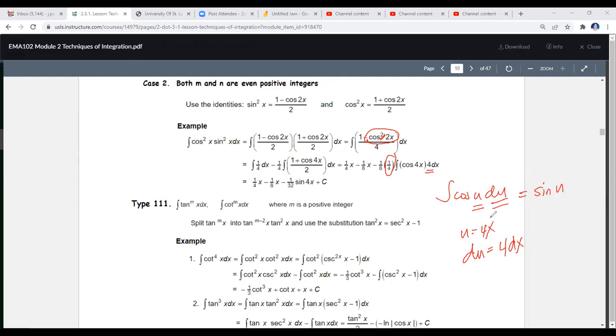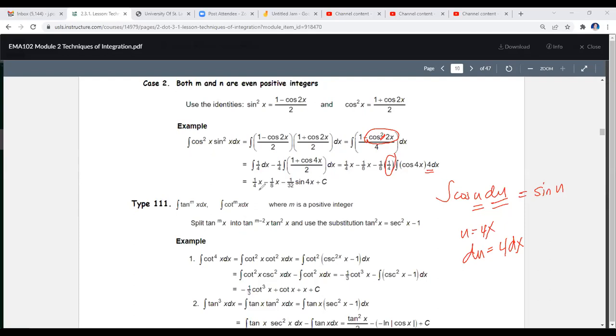So the reason why you have this 4 is because of this. The derivative of 4x is 4dx. You introduce 4 here, so there's a need for you to multiply your integral by 1/4. That way you did not alter the original given integral. So in this particular third term now, you will have 1/8 times 1/4, and that would be 1/32, and you will have the sine of 4x.